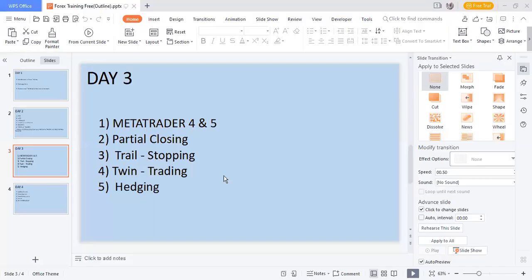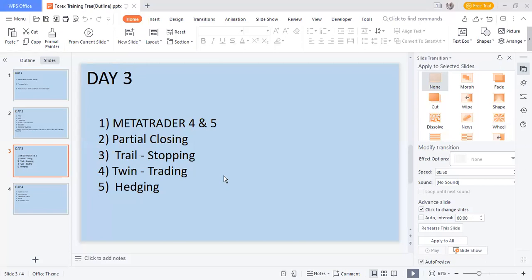Today, I promised you that we'll be starting with trading management from today. How we can manage our accounts so that we don't get that same account bumped. So this is what I'll be looking at today. Today, I'll be looking at MetaTrader 4 and 5.